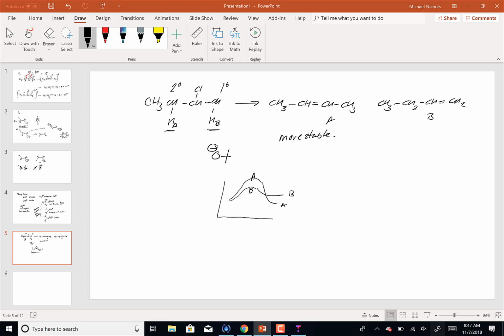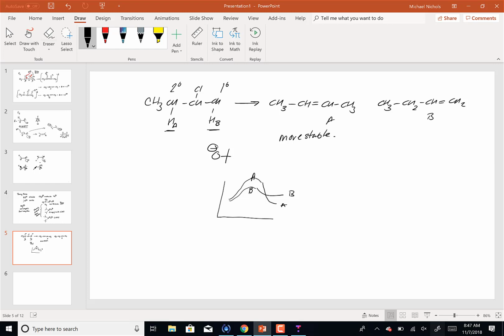So sterically hindered bases form the double bond that is least substituted. And I don't even like that term, because what I like is the sterically hindered bases remove the least sterically hindered beta hydrogens to form that product first. So that's the major product of that reaction.